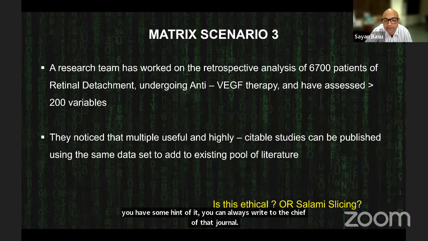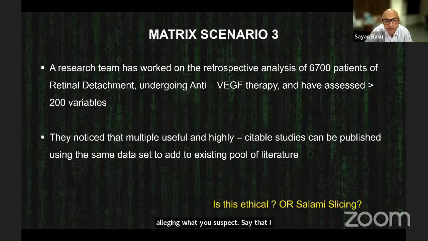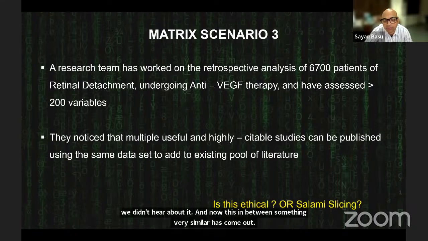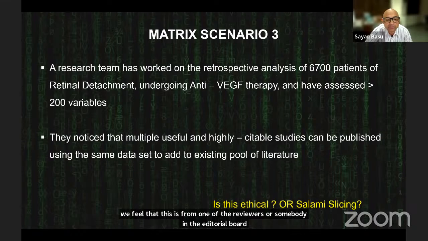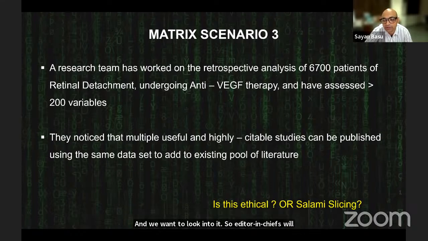Say that we submitted this, and this was stuck in review for many weeks or months, and we didn't hear about it. And now in between something very similar has come out, and we feel that this is from one of the reviewers or somebody on the editorial board, and we want you to look into it. So editors-in-chief will conduct an investigation and see if that has actually happened.